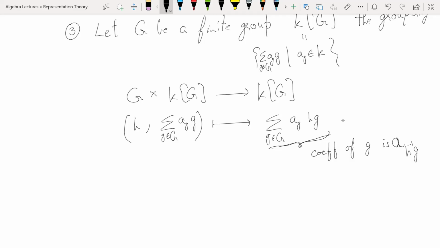Just keep that in mind. And this should also be linear, so one has to check that this is a linear action. But the way it is defined, it is clear that it's linear, since the coefficients all pull out.